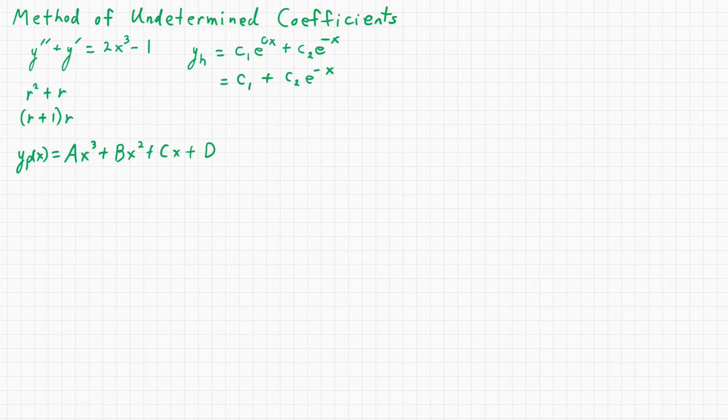This d here, I won't be able to solve for the negative 1. If the d disappears by the time we get to y double prime and y prime, I'll only have these three a, b, c to work with, but I'm going to need 4 unknowns probably to solve for the right-hand side. I need all 4 unknowns.